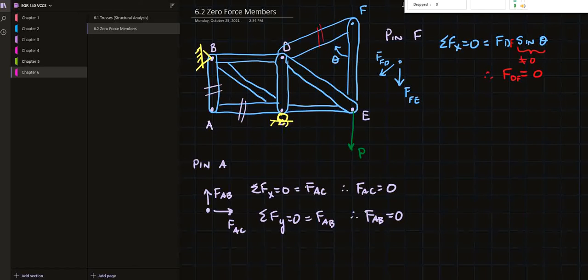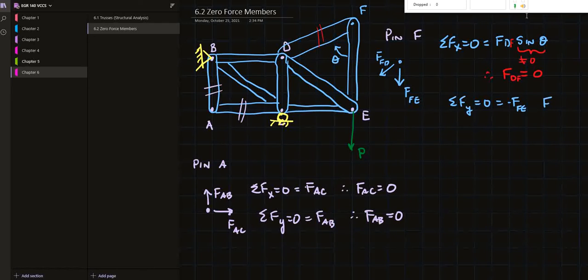So this equals 0. Now if I sum forces in the Y direction, I have minus force FE and that's it, since this one equals 0.